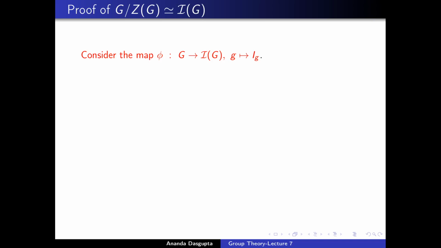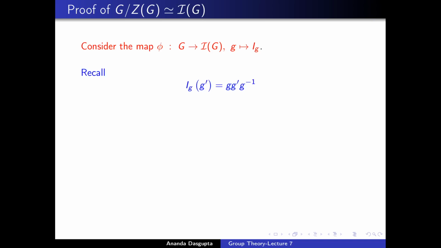Let me just remind you what Ig does. Ig is an automorphism, that is, it maps capital G to itself isomorphically by the following rule. Ig, when it acts on any group element g prime, produces g g prime g inverse. So basically it induces conjugacy by g.